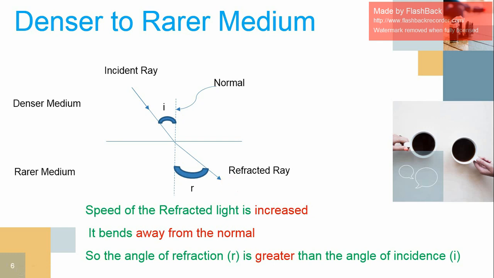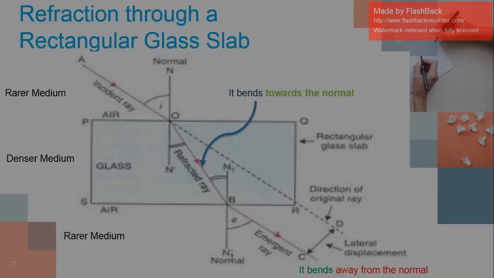Here the speed of the refracted light is increased, because light is traveling from denser to rarer, and the direction of light also changes. Here the light bends away from the normal, so the angle of refraction is greater than the angle of incidence.